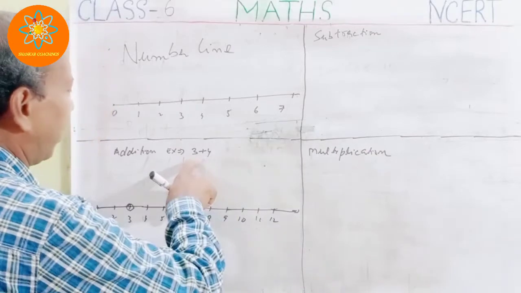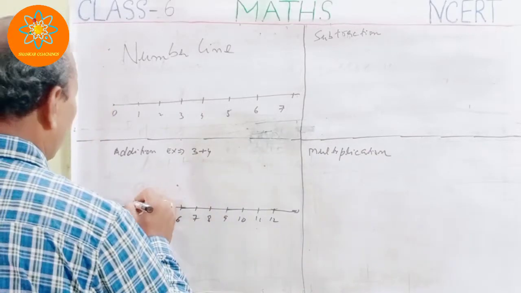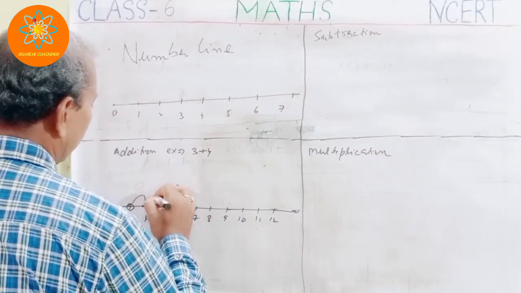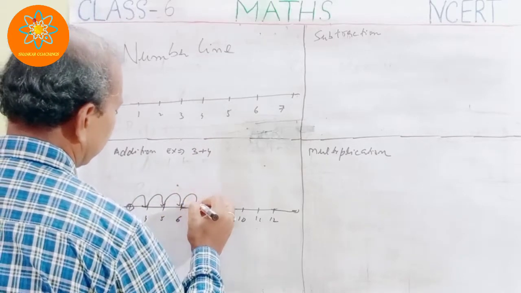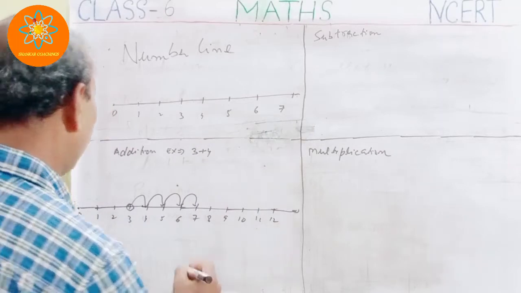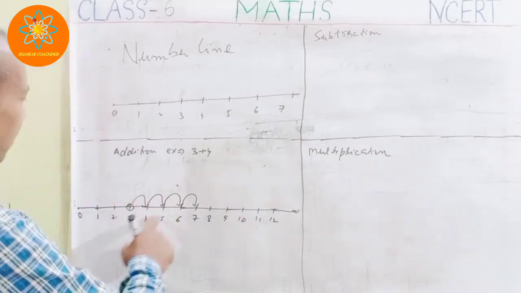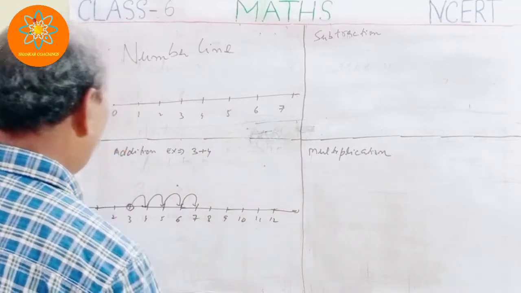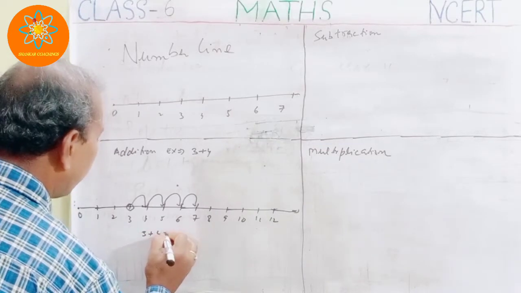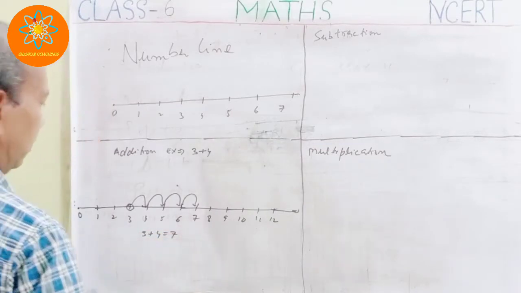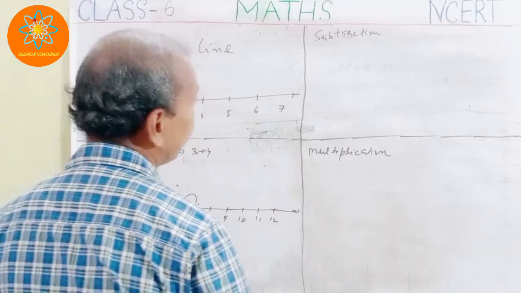How much do I have to go? 4. So this is 1, 2, 3 and this is 4. So if I see the number line for the addition, 3 plus 4 is equal to 7.